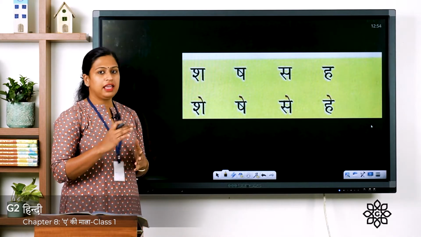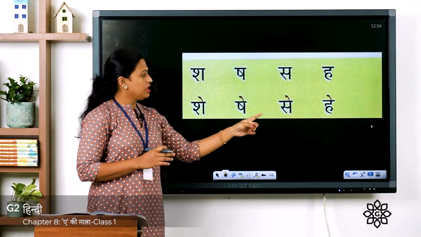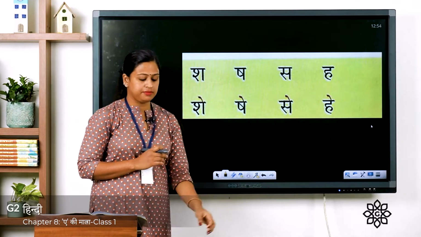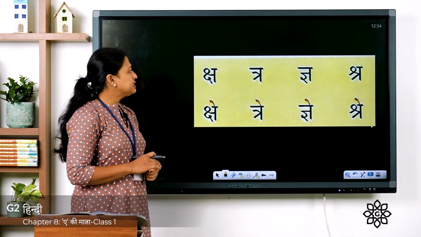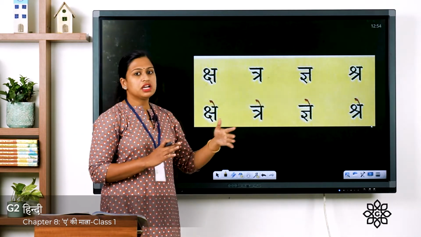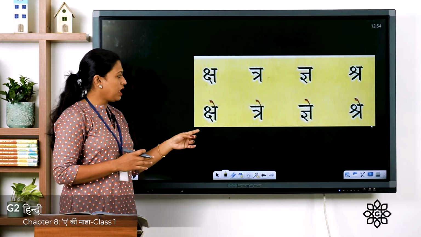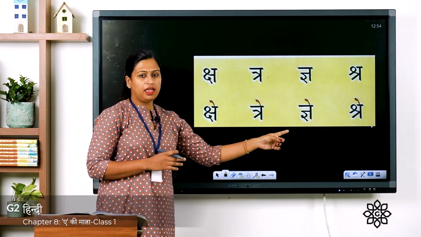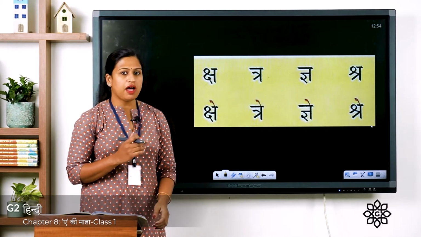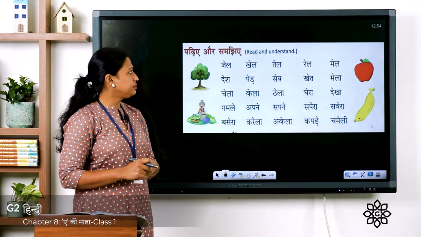And when we add A ki matra, it sounds She, She, Se, He. Next set of Vyanjan letters: Ksha, Tra, Gya, Shra. And when we add A symbol, it sounds Che, Tre, Ge, Shre. So you have to practice these letters with A symbol.